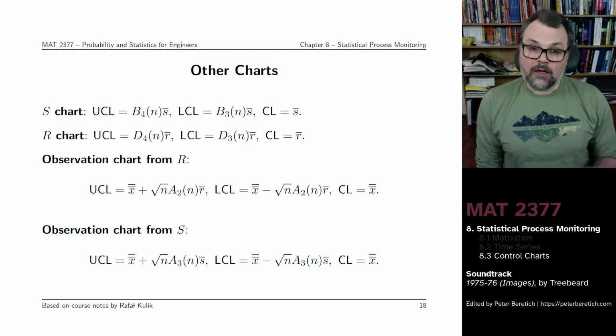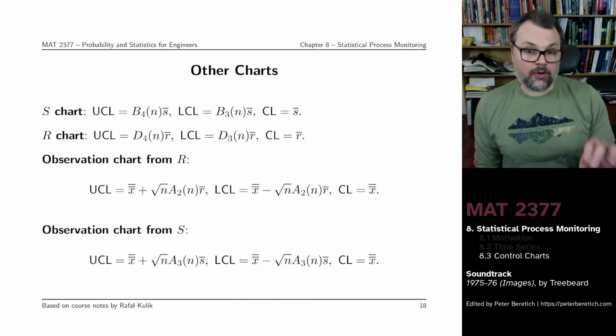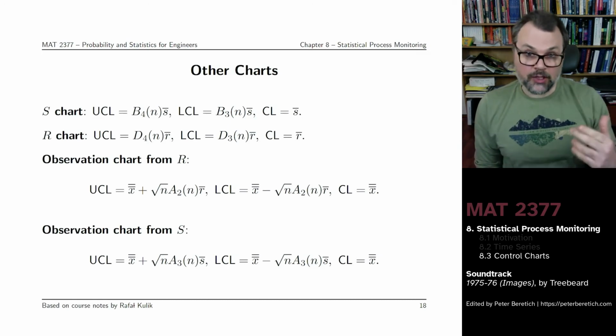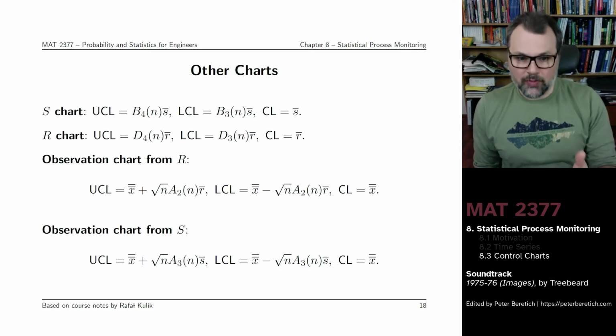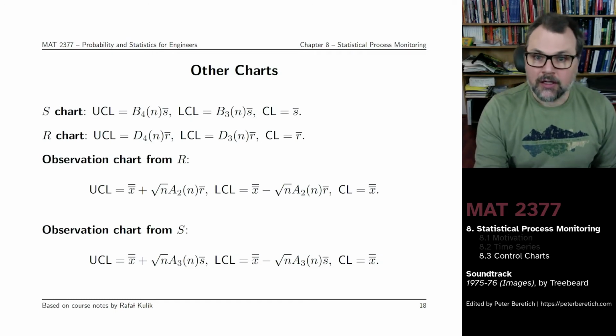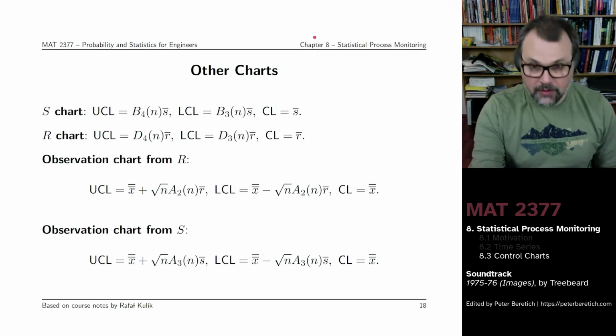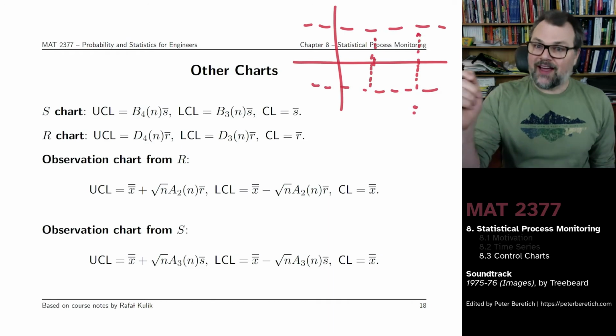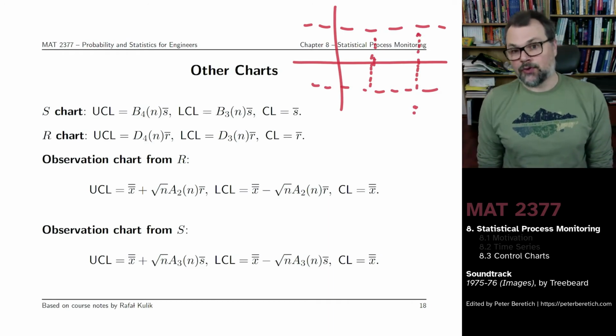You can actually monitor the observations themselves rather than monitoring the actual sample mean or the sample standard deviation. And here you'd be plotting all of the observations, and if any of the measurements fall above or below, you'd be flagging it as being out of control.